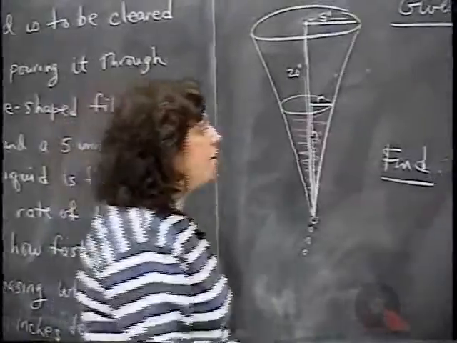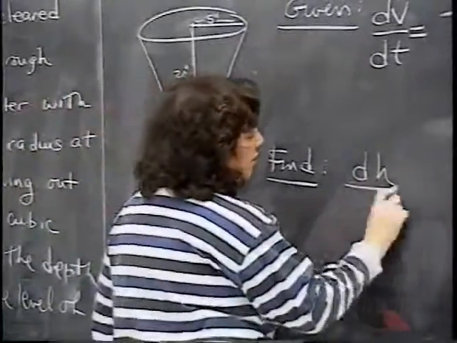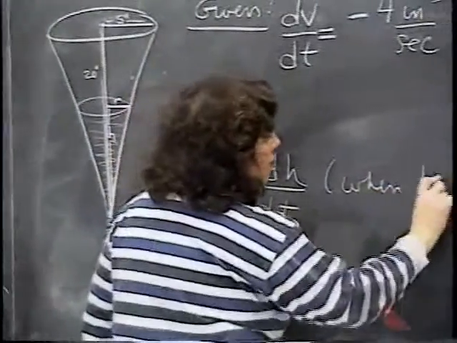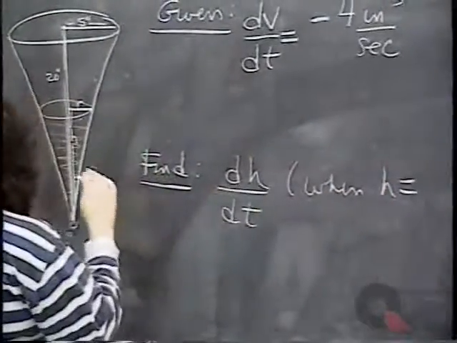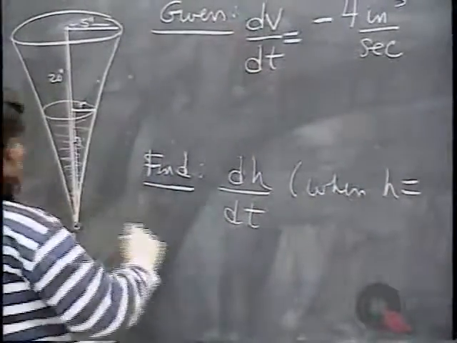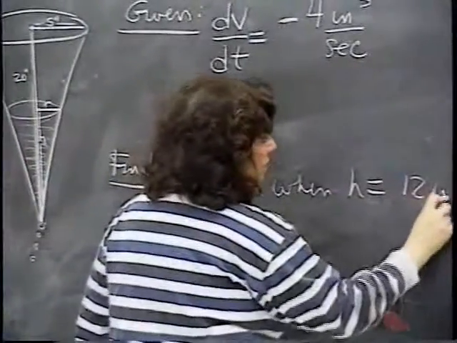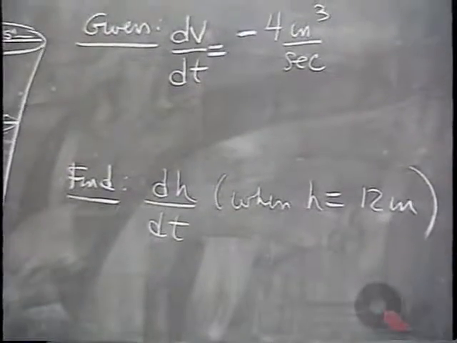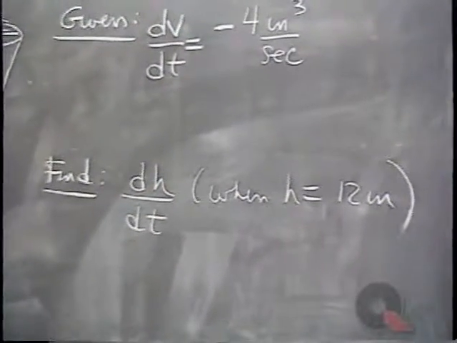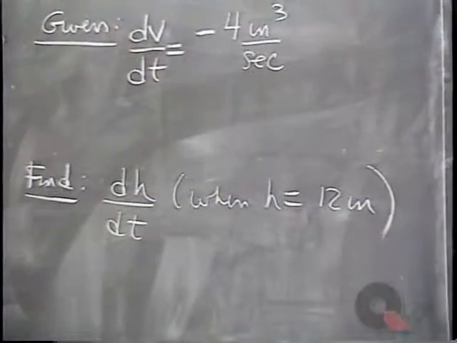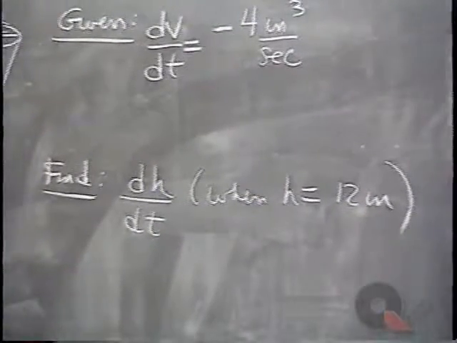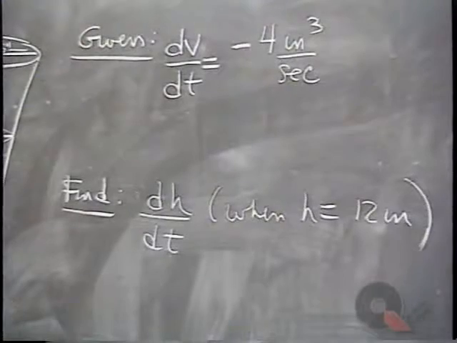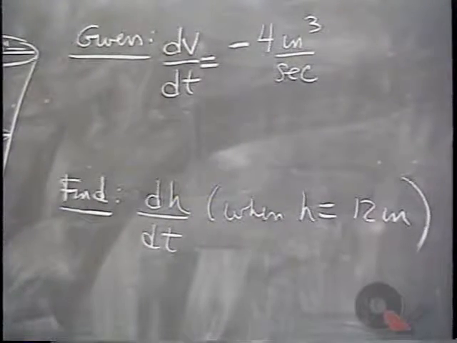So we're looking for dh/dt at the moment when the level of the liquid in the filter is 12 inches. So we know dV/dt, and we want dh/dt.